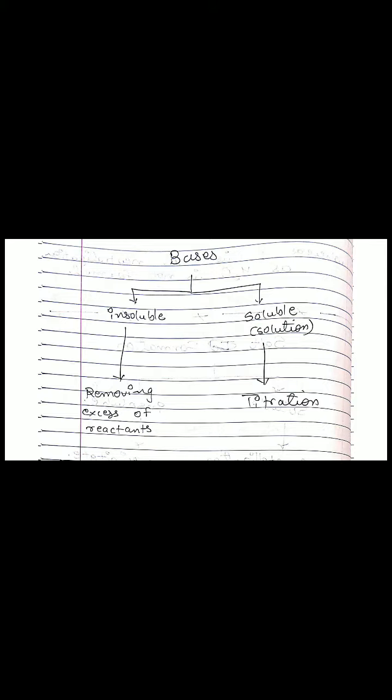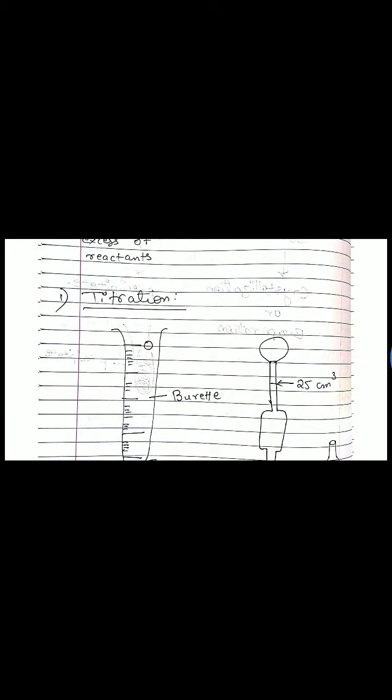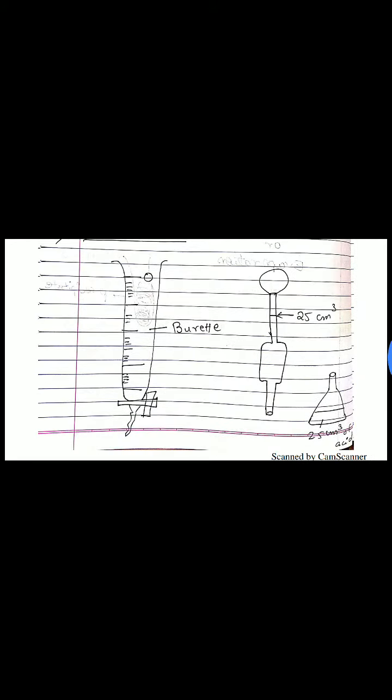Whereas here you do the titration. What is this titration process? Where you have a soluble base, a liquid base and a liquid acid, you follow a process of titration where you add an indicator and do the reactions.